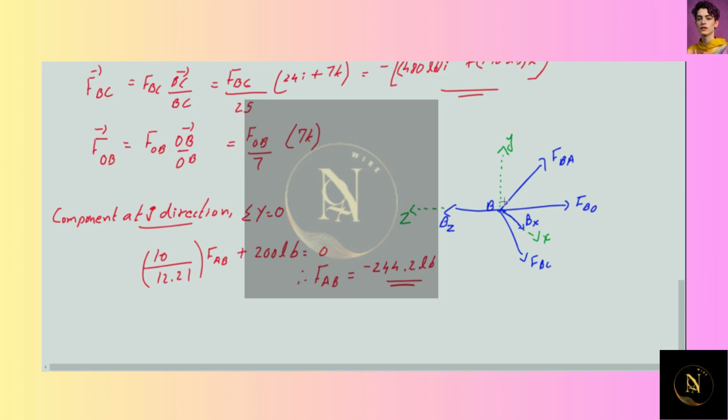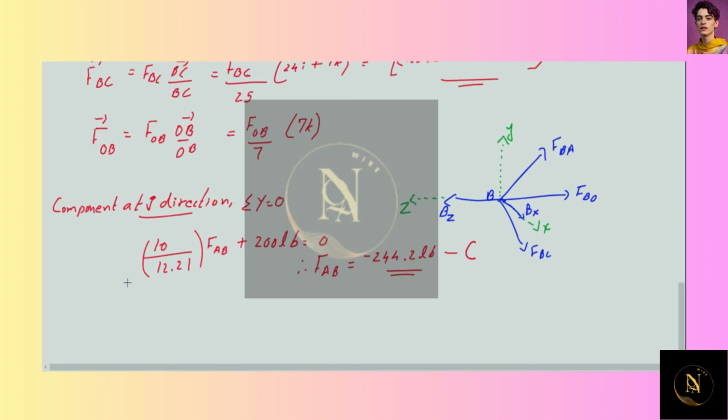Because of the actual direction, that creates compression, so it's denoted by the letter C. Now the component in the K direction.